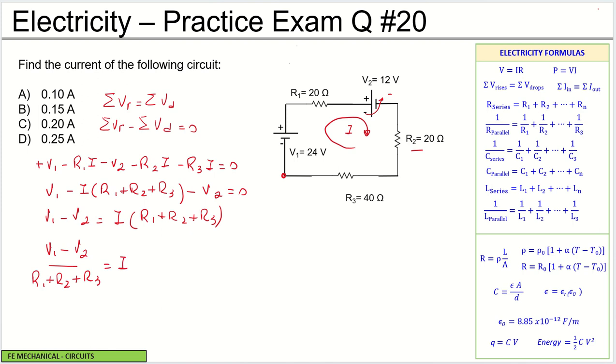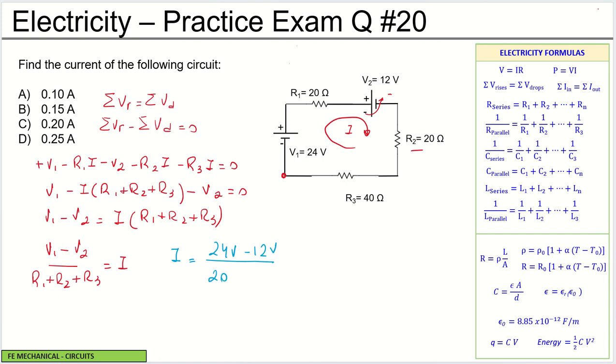That is the current. So basically, I'm going to put the numbers into the equation. I equals V1, that is 24 volts, minus 12 volts, that is V2, divided by R1 plus R2 plus R3.